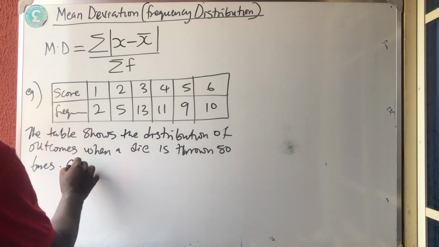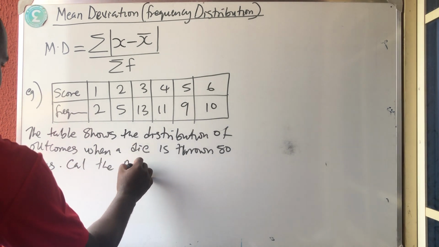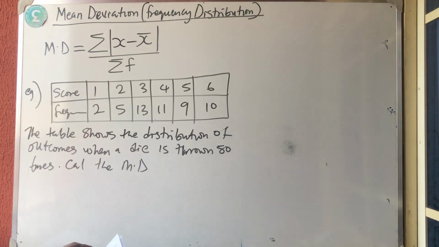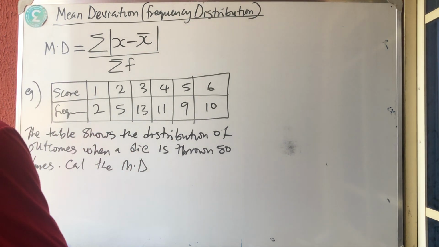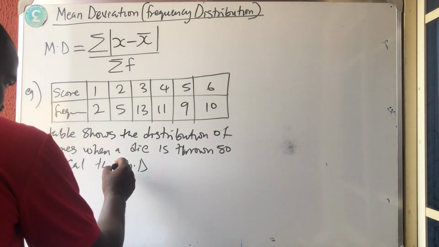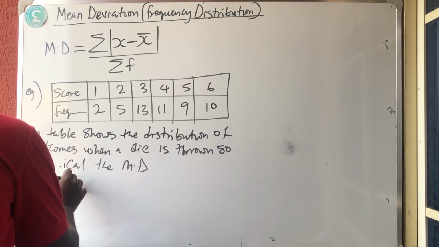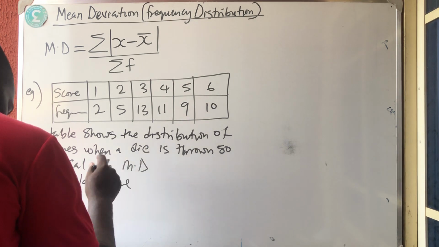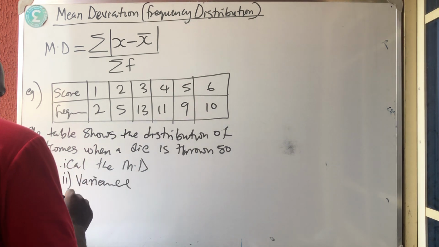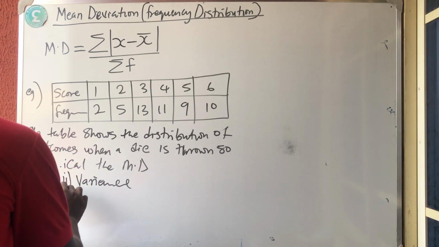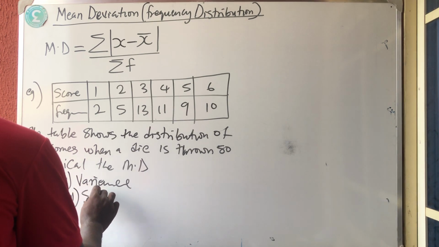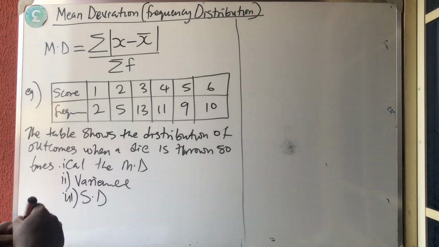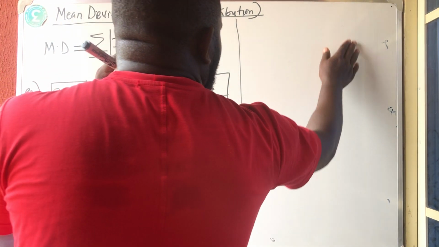Calculate the mean deviation. Calculate the variance. Then calculate the standard deviation. The three of them are related. The formulas are related, so it's very easy. Once you get one, you have gotten the other ones.